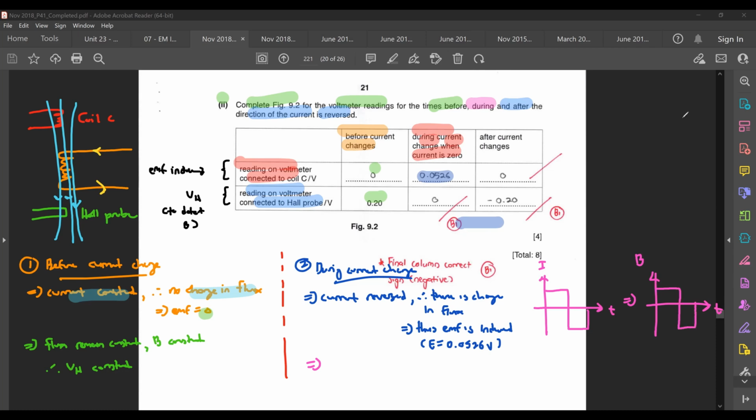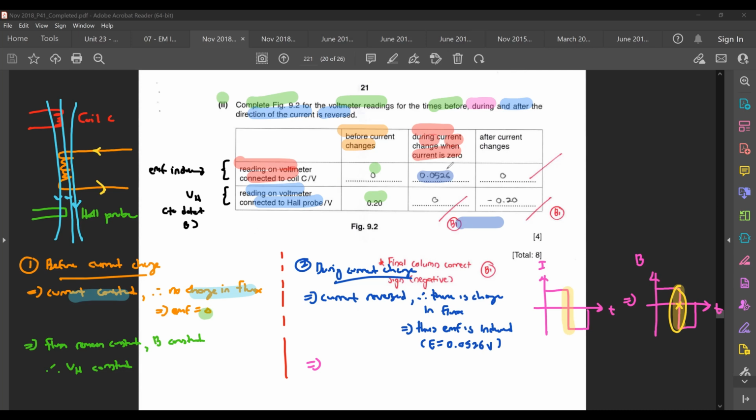So your Hall voltage is actually really just measuring this part here, this vertical line here. So it can't really measure all these values here. It's just going to be zero. Just think of it that way.